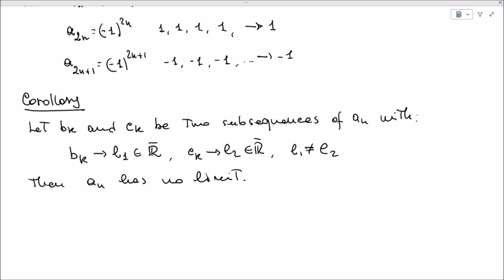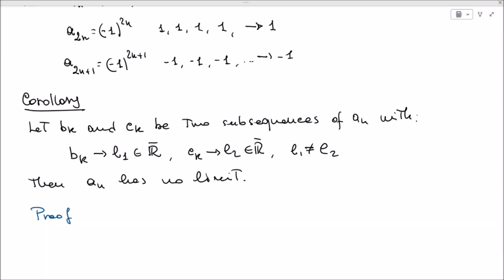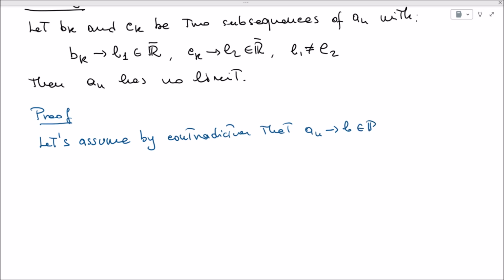The proof of this corollary is quite straightforward, and it is based on contradiction. Let's assume by contradiction that an tends to a limit L in the extended real line.